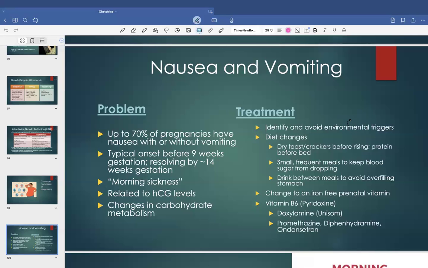Some patients might need to change to an iron-free prenatal vitamin. And then there is vitamin B6, Unisom, which is over the counter. Then we have our prescriptions: promethazine, ondansetron, and diphenhydramine can be used.